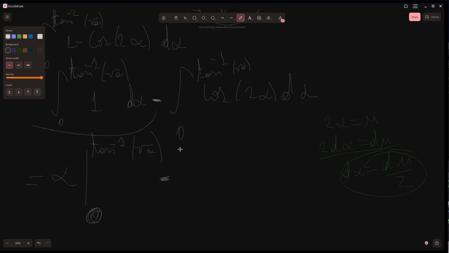So we are going to multiply by 2 the integral from 0 to arctangent of the square root of a. Now we apply 2 over 2, which is 1. The cosine of 2 alpha, d alpha.